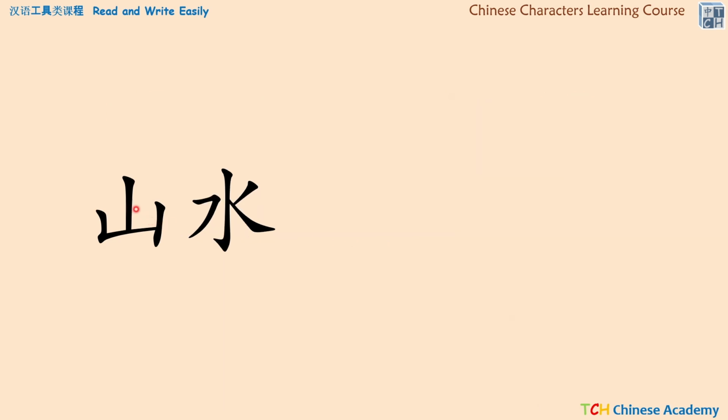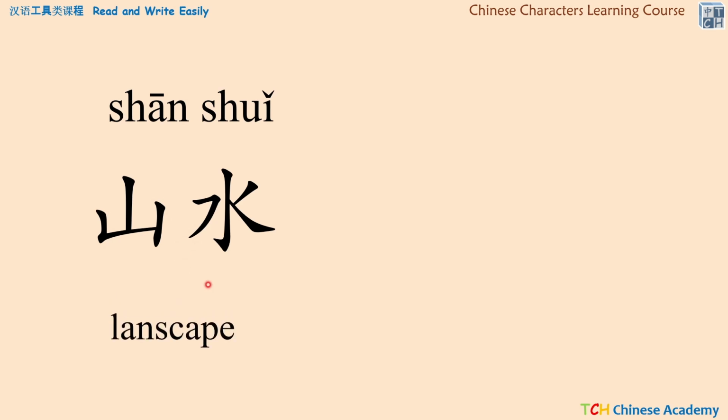Yes, 山 again. And this is the water, so 山水, mountains and waters. And we use mountains and waters, this 山水, to refer to landscape. And in Chinese culture, we have a very typical Chinese painting.